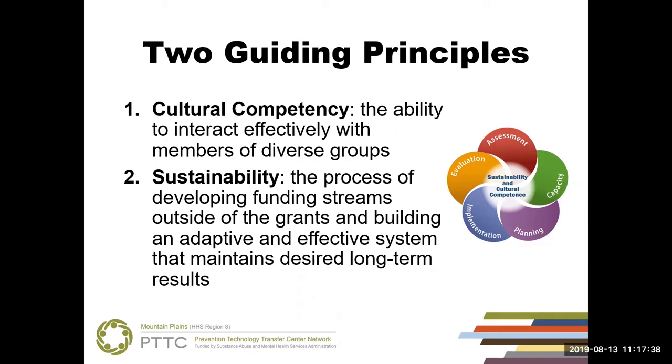For me, cultural competency is really the most important guiding principle of this process. Not only do we have an ethical responsibility to serve our diverse communities effectively, but it's also my belief that if cultural competency is not paramount in the planning and implementation of prevention services, then the community is not really benefiting from them.